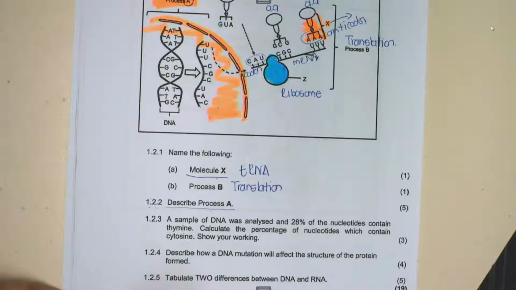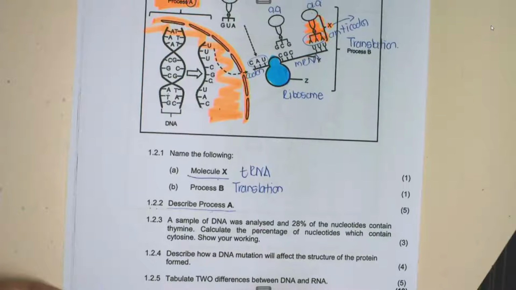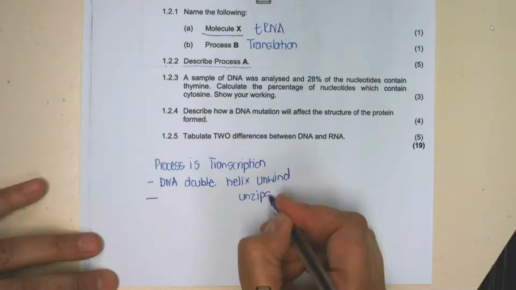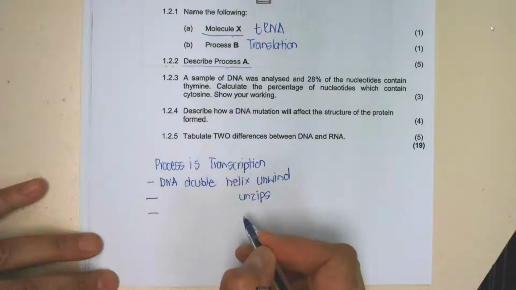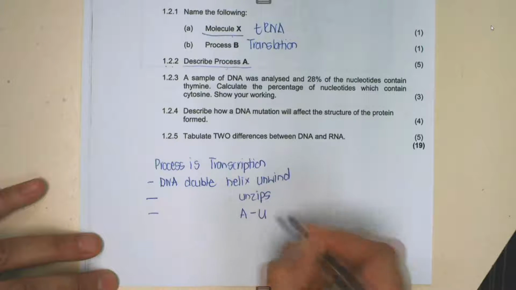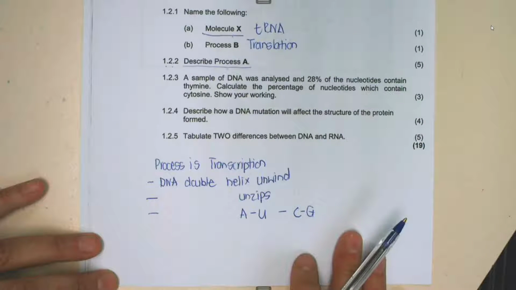whole section where the DNA double helix unwinds, okay? The weak hydrogen bonds break and then the strands unzip. I'm not going to write everything out, you need to study this. It unzips. And then the free nucleotide bases from the nucleus come and combine. A is going to combine with U and C with G because I'm working with mRNA, if you can remember.